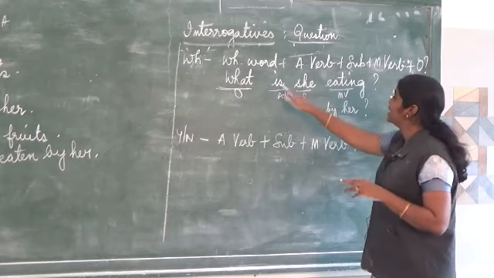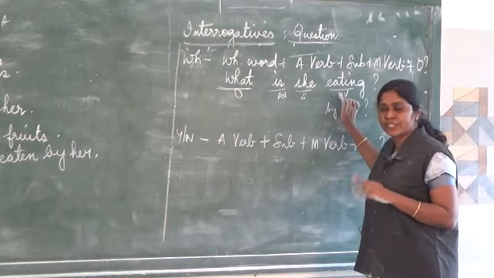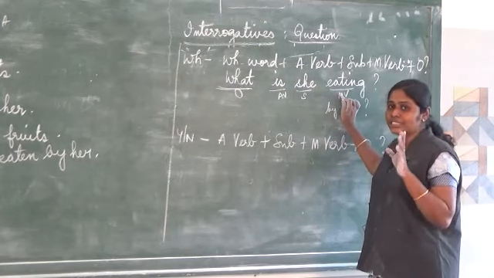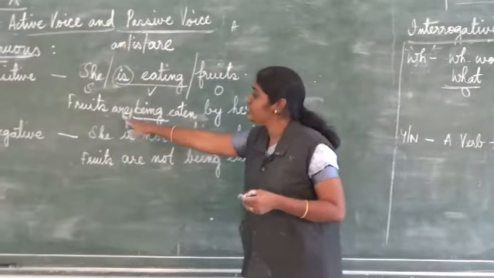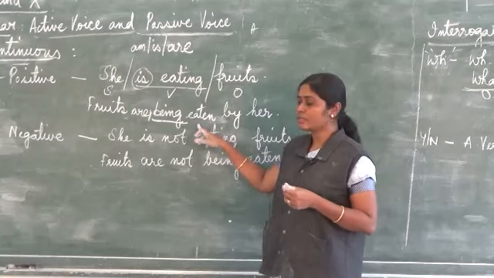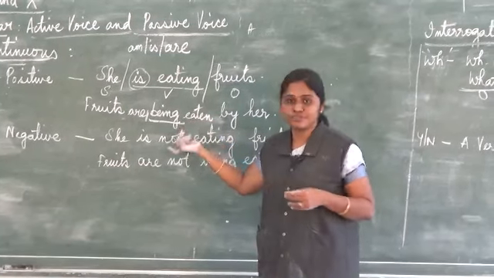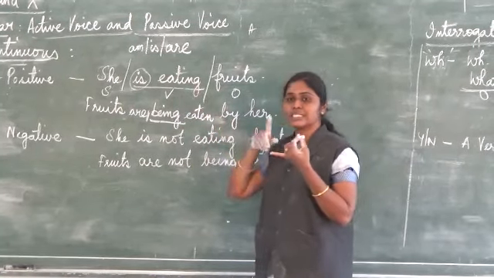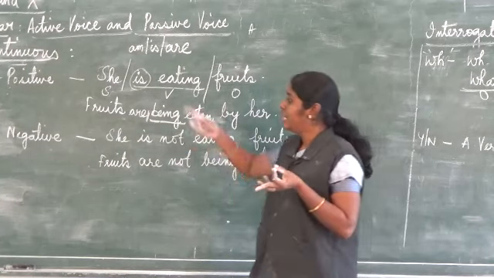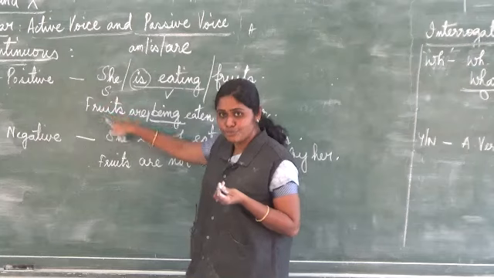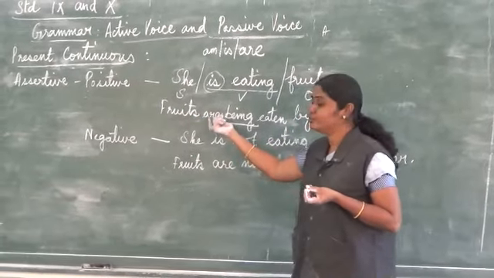Now is eating is the verb here, and I told you it is present continuous tense. For is eating, we saw the passive form: it becomes am being eaten, is being eaten, are being eaten. And just because in the earlier sentence you had fruits as the subject, we used are.